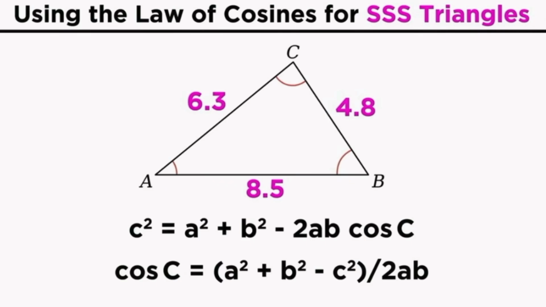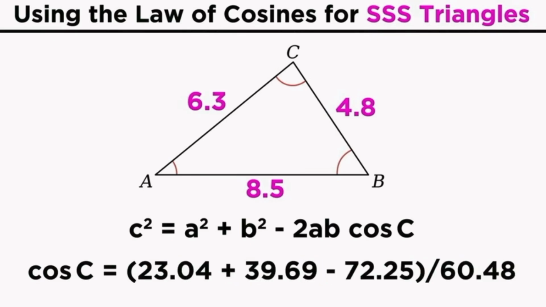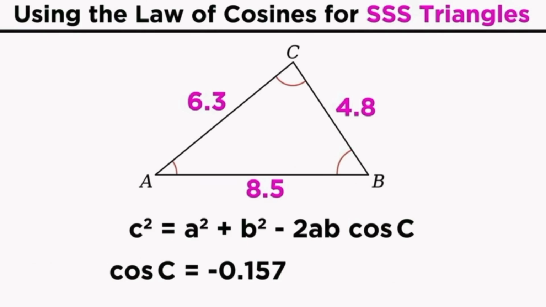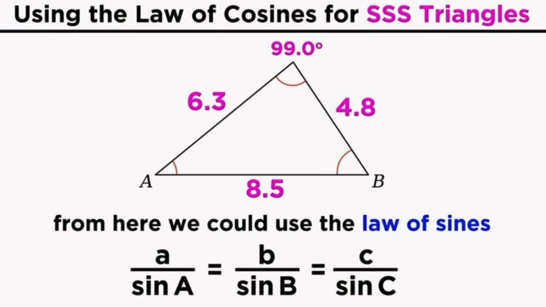We isolate the cosine, and the formula rewrites itself as cosine of A equals b squared plus c squared minus a squared over 2bc. Plug in your three sides, use the inverse cosine button on your calculator, and boom, you've found your heading.